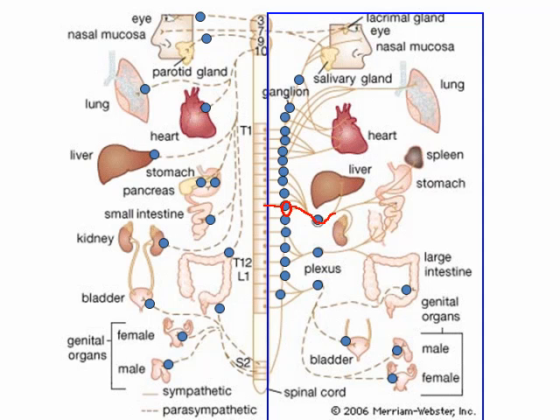Now, in the case of this one here, I picked a bad example. There's another integrating center because of how many different structures it goes to. But you get the point, and it makes that case very well.